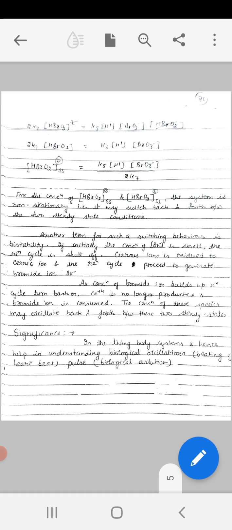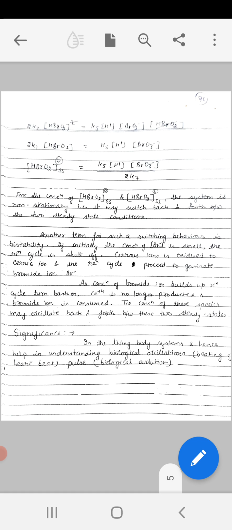For the concentration of HBrO2 steady states, the system is non-stationary. That is, it may switch back and forth between the two steady state conditions. Okay, there are two steady state conditions, it can switch to either of them. Another term for such switching behavior is bistability. If initially the concentration of Br is small, the reaction cycle is shut off.